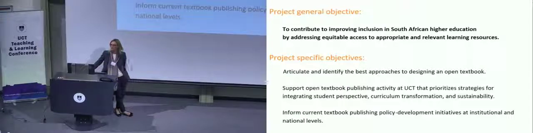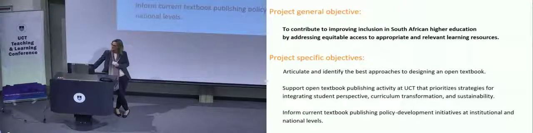We want to look at what's happening at the moment with these open textbooks. So I gave you some examples of open textbooks, but we want to really understand how those academics have created those textbooks, what the models are for textbooks that currently exist.